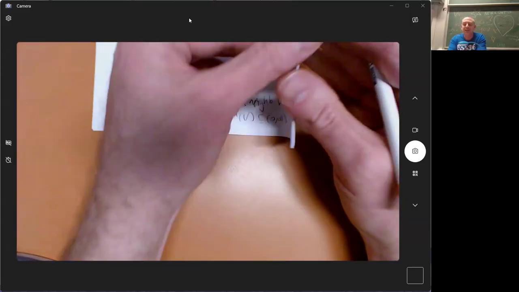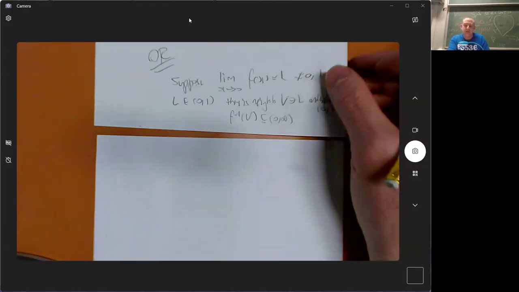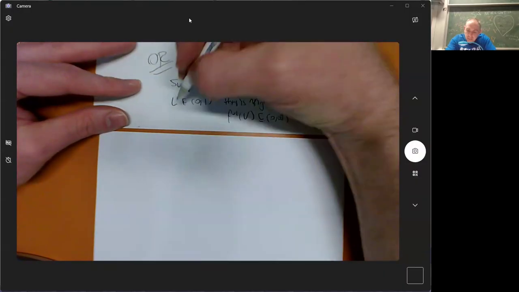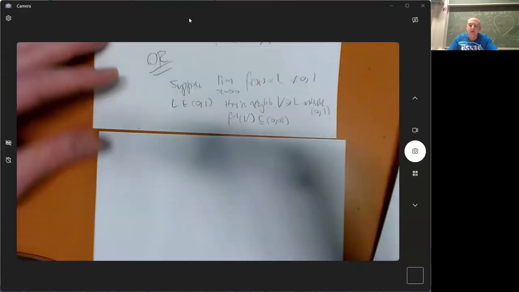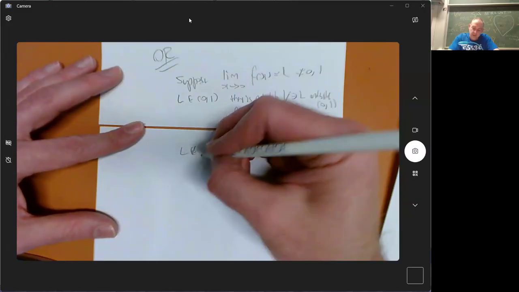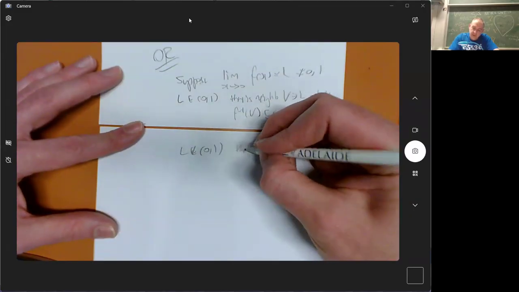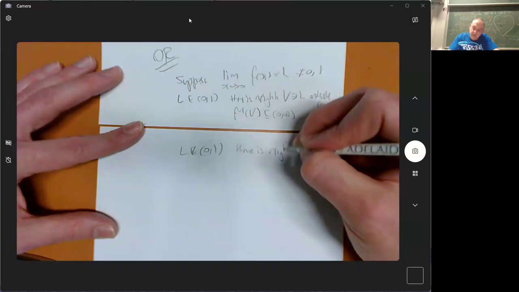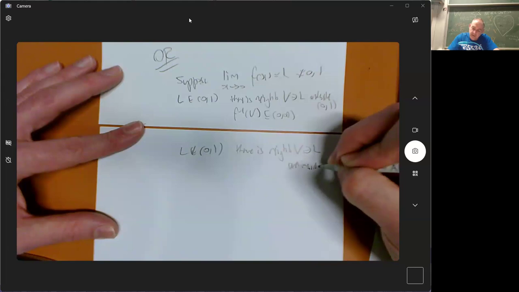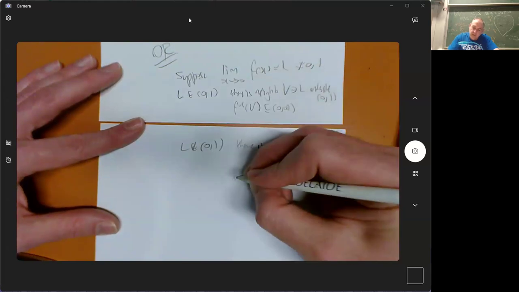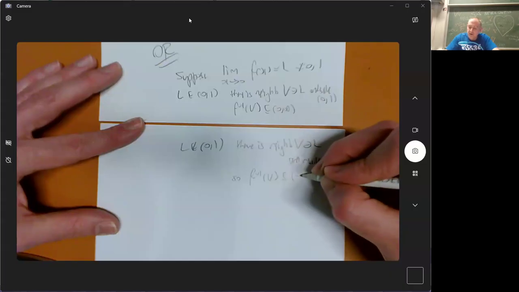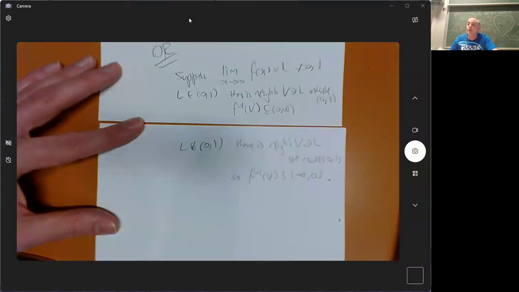Yes. Okay, this is even better. We don't even need that. Yeah, no, we can do that. So either way, but if L is not in 0, 1, there is a neighbourhood V containing L and inside 0, 1, so that f inverse of V is fully contained in minus infinity 0.